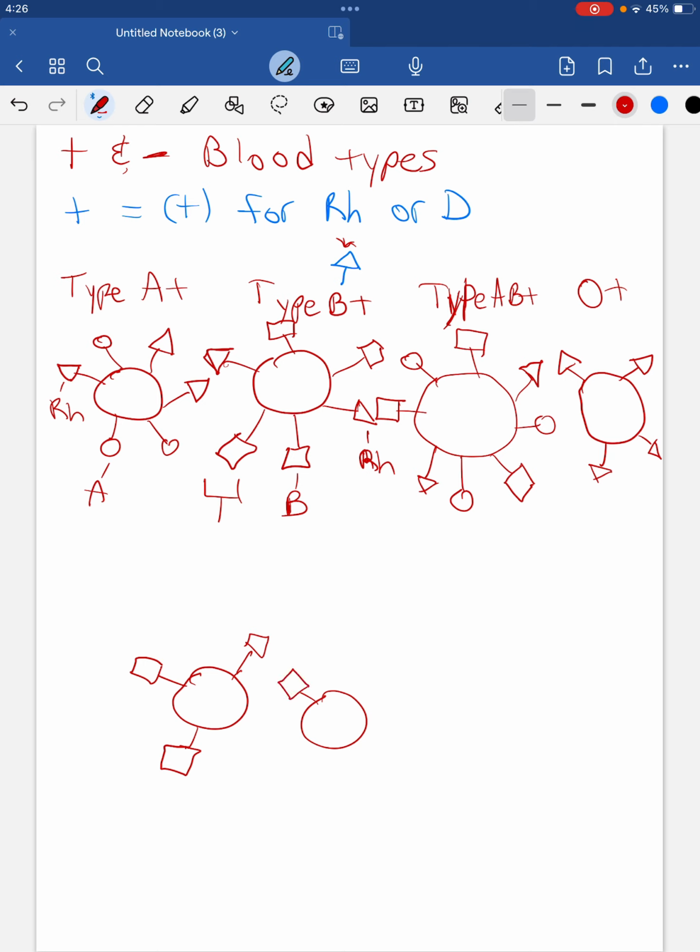Let me draw a few here, and then we'll discuss this. Sorry, I think I said it backwards before. This person with type A blood is given B by accident.